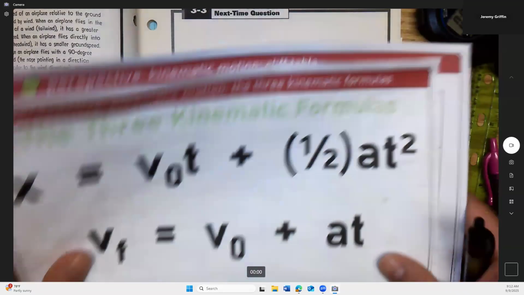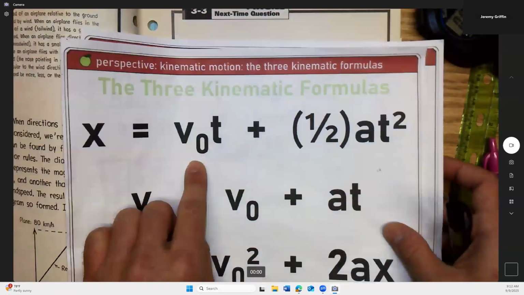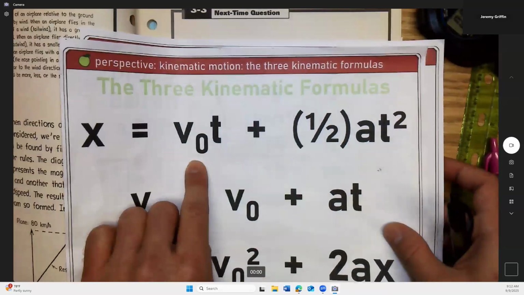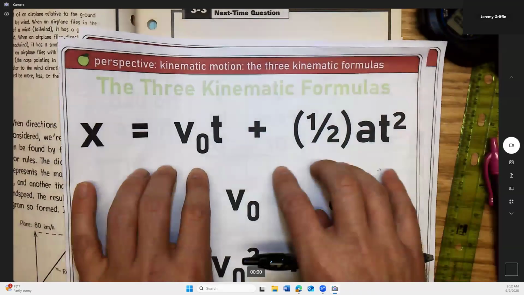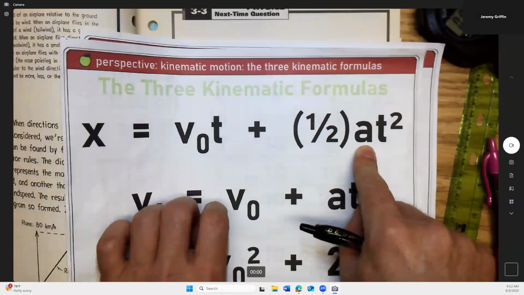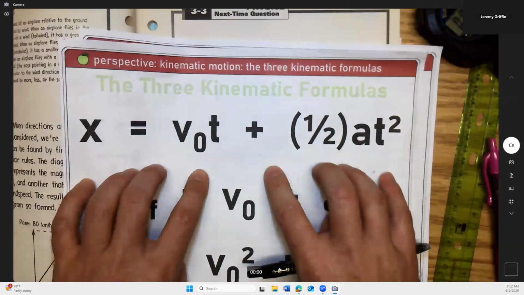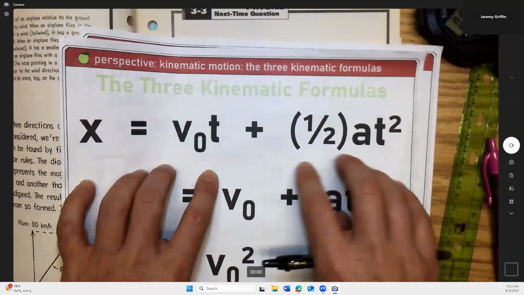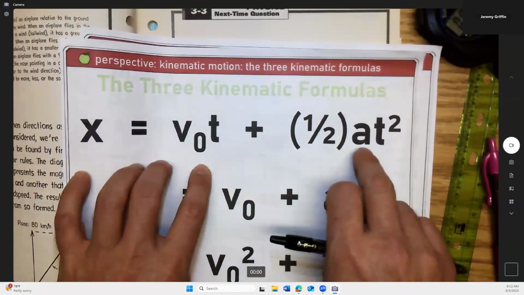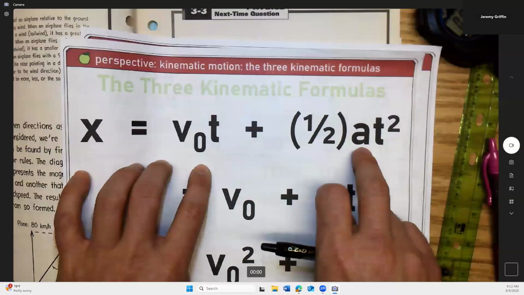Right. Oh wait, what if he throws it? Is this V naught still 0 if he throws it horizontally? Guys, this equation would be which direction does gravity pull? Down, vertical. Okay, guys, if you're pulling out this equation, working with projectiles, and you're using the whole thing, including this acceleration due to gravity, this is only a vertical equation.